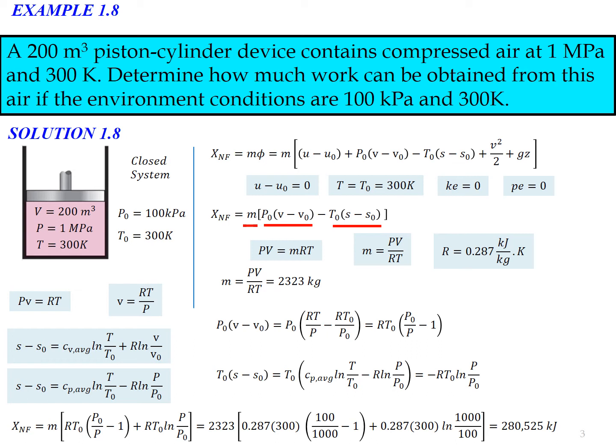This value represents the maximum amount of work that can be produced by this compressed air inside the cylinder to lift the piston upward. That's how we solve example 1.8.